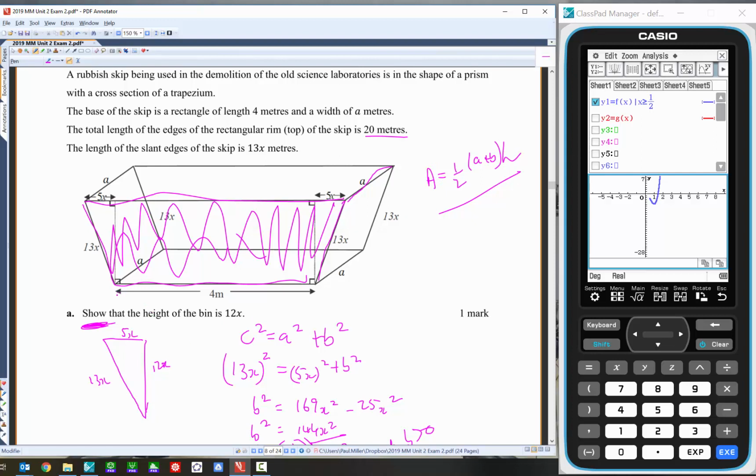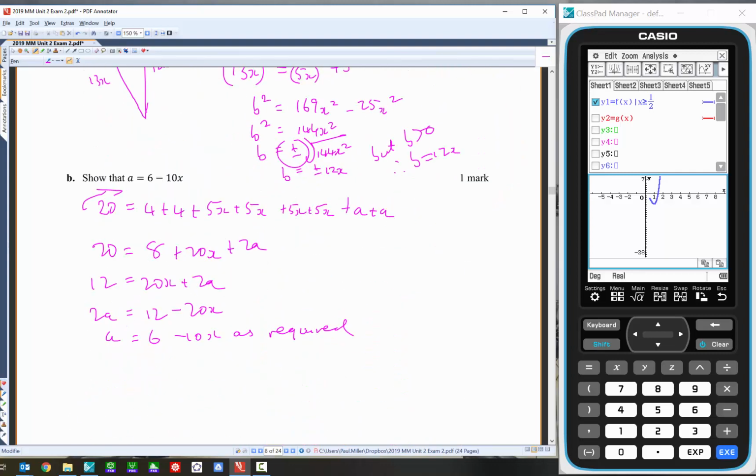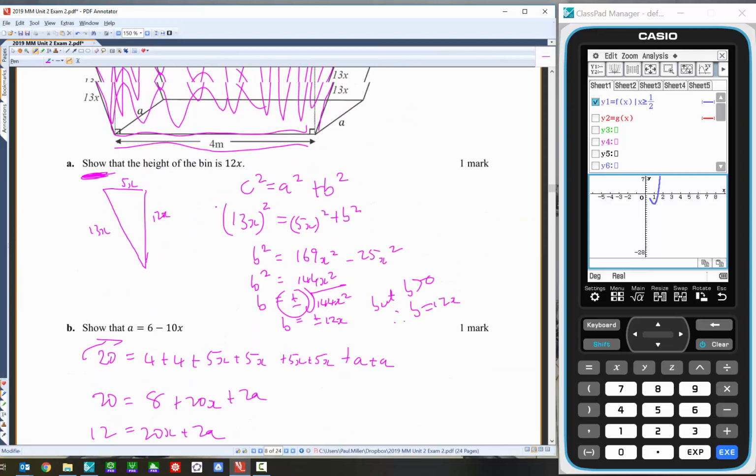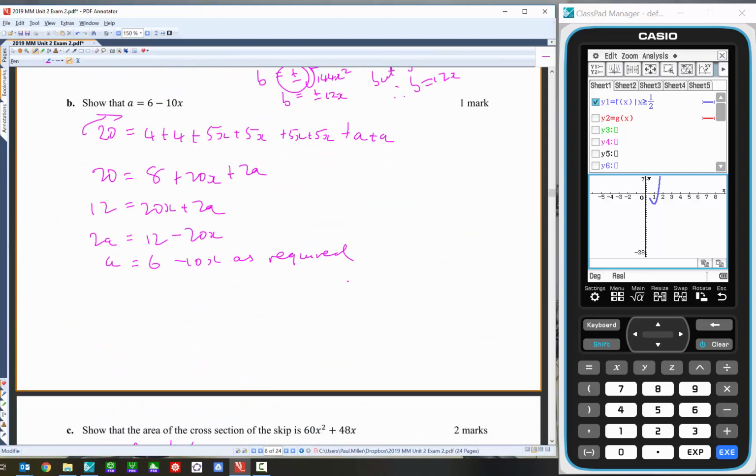I've worked out the height. I've got this part here and I know this part here. So let's fill in what we know. The area of a trapezium, area equals half (a plus b) h. Our a was the bottom, that was 4.